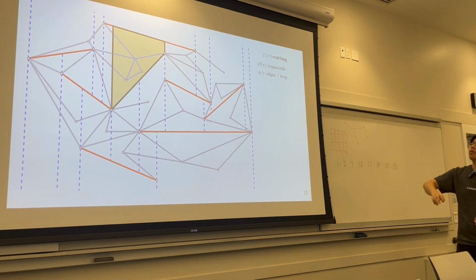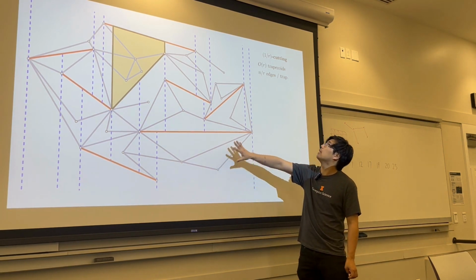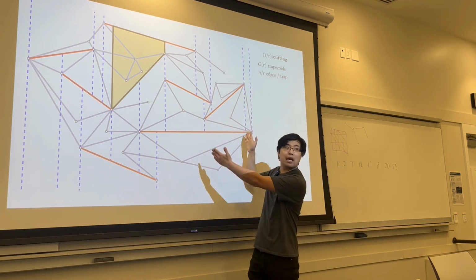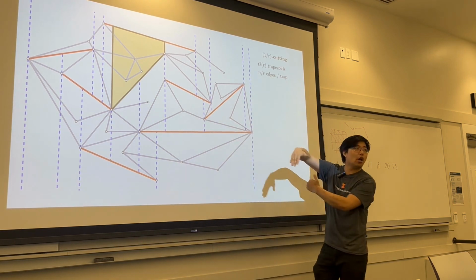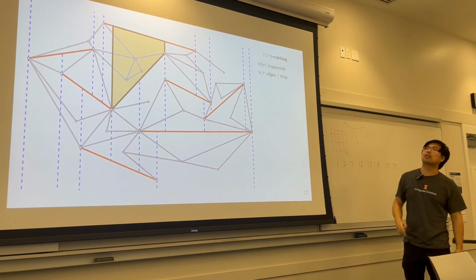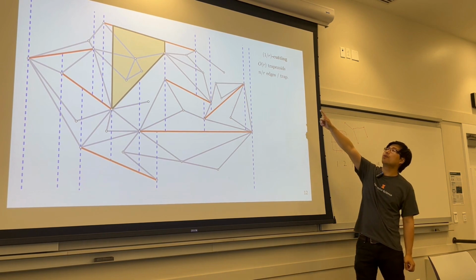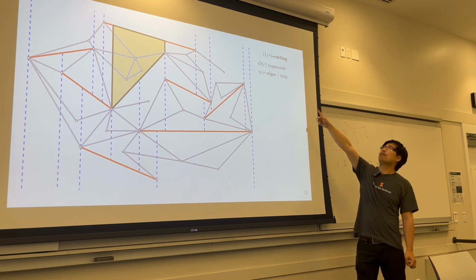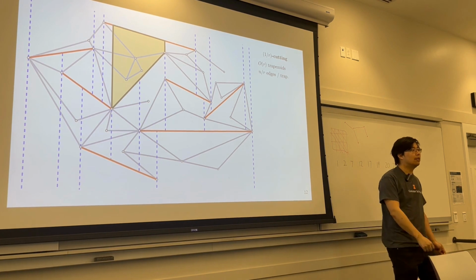And if you look at all the edges that intersect one, what I'll call a trapezoid, because it's bounded by two vertical sides and up to two non-vertical things on the top and the bottom, you can do this in such a way that you have approximately n over r edges per trapezoid.